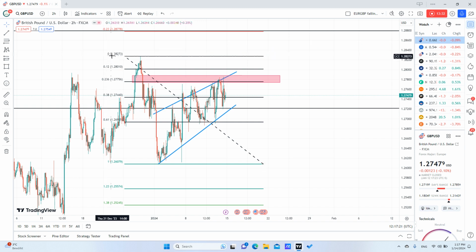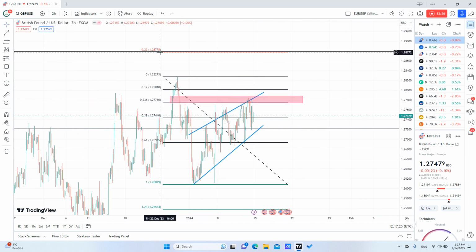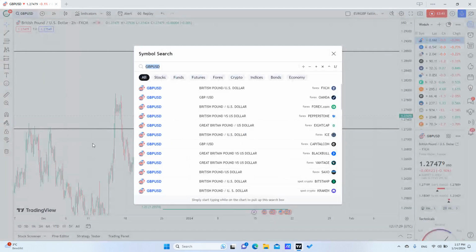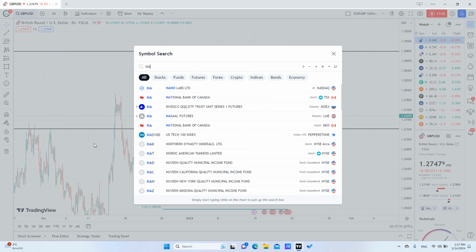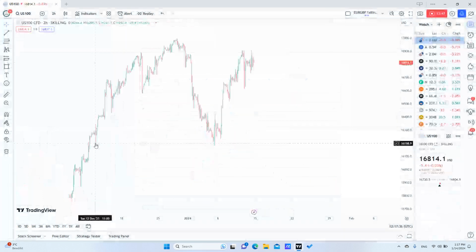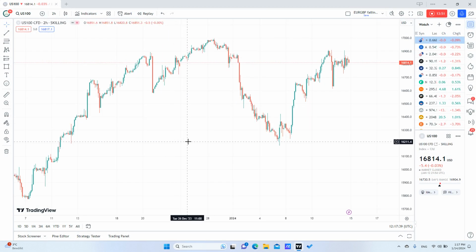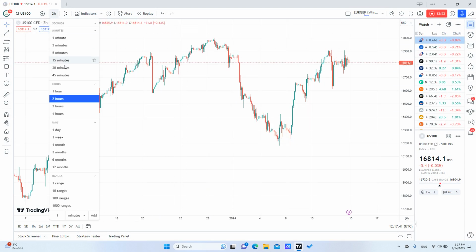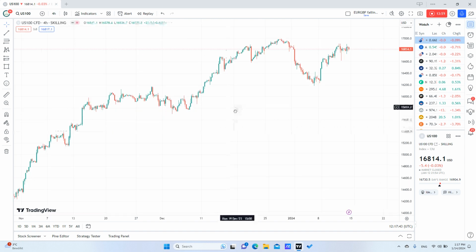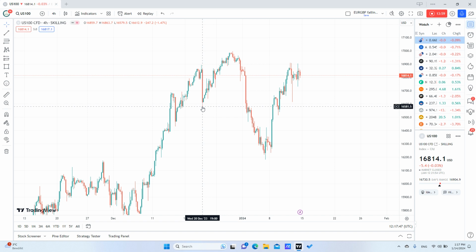I will put my stop loss either here, or, to be safe, I sometimes use the minus 23 Fibonacci level. And on NASDAQ, we also have a very good setup. But I won't advise taking two positions on pound USD and NASDAQ, because they are both correlated. You can divide your risk.